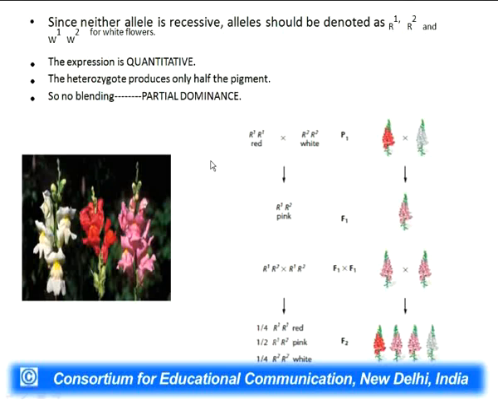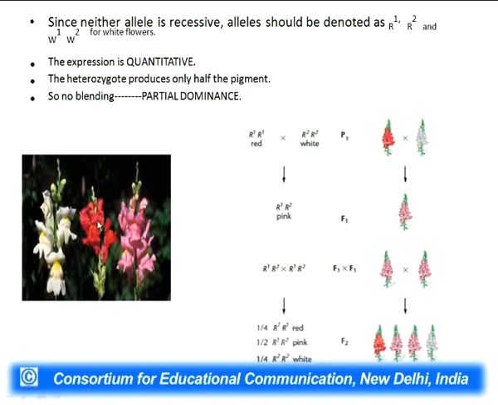I have been telling repeatedly that it is a case of insufficiency, it is a case of partialness, and the haplosufficiency is not there. So, that means how can we say that the red is completely dominant over white in this case, or more importantly, is the allele for white recessive to red?